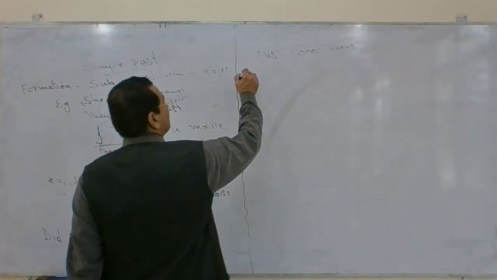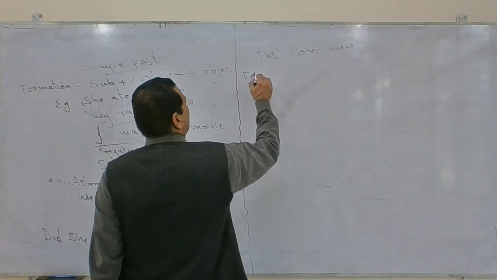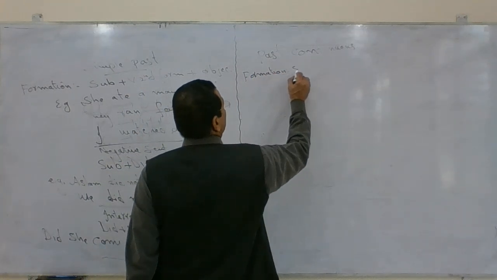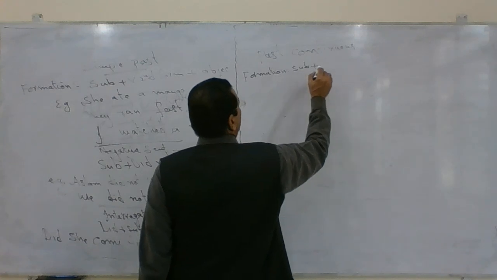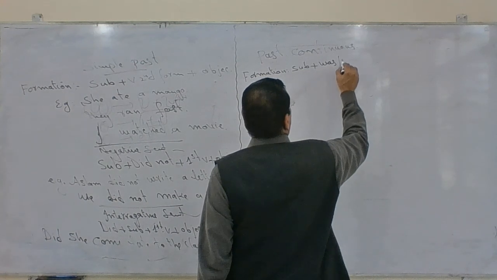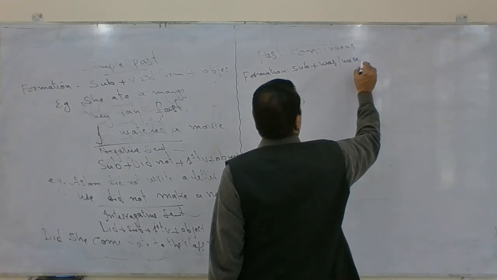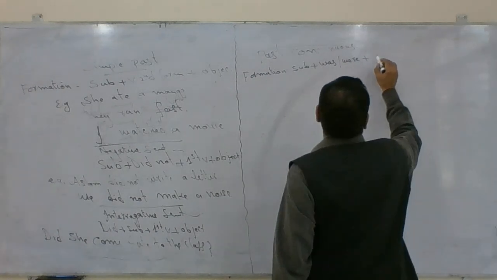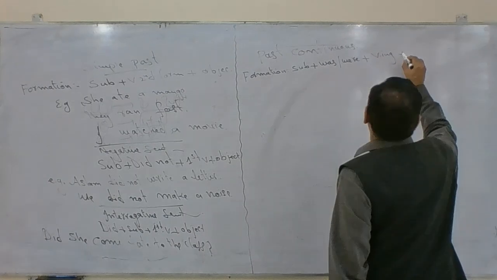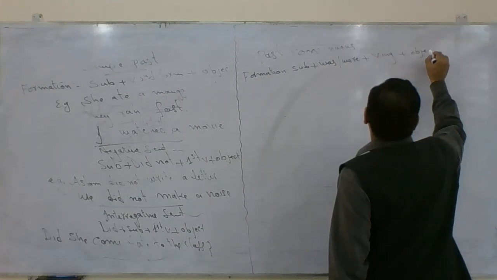After the subject, there is the auxiliary verb was or were, and then the verb with ing, and then object.